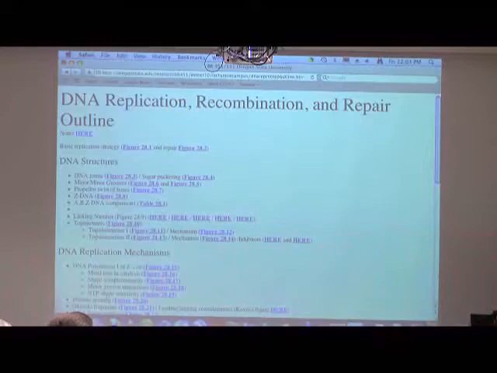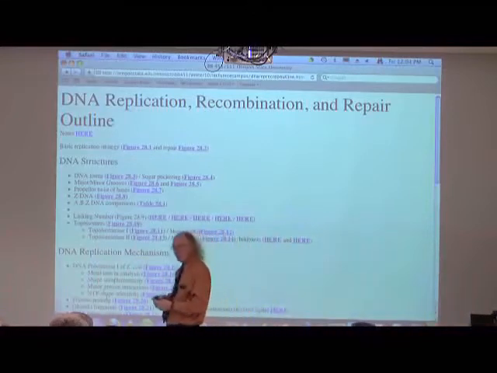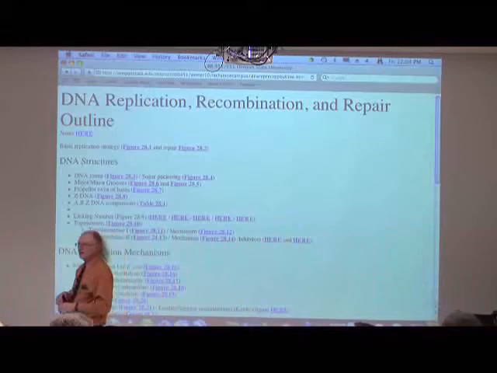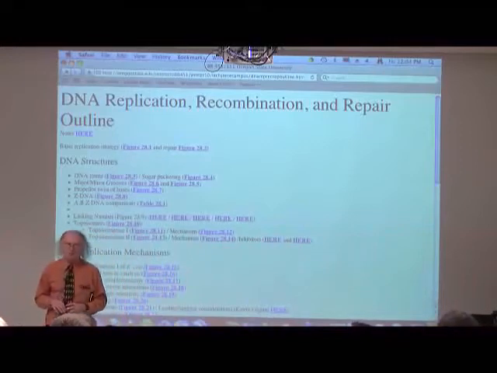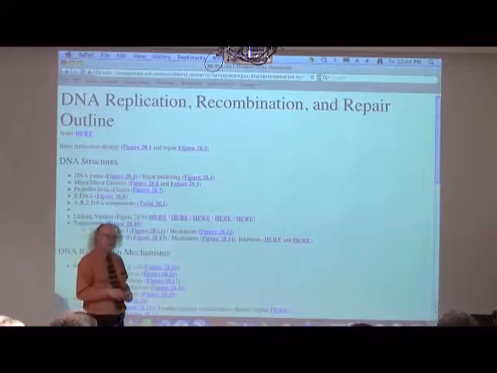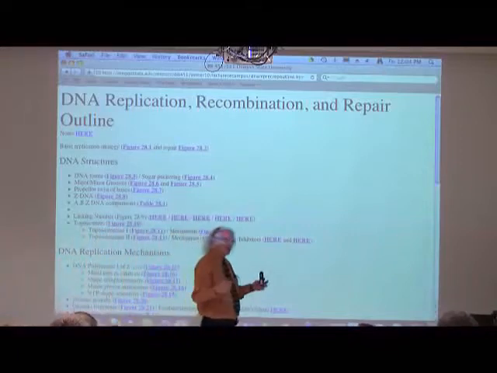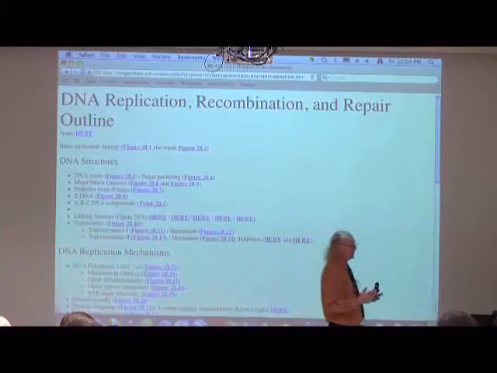But what we learn in thinking about the structure of DNA is very similar to what we learn about the structure of a protein. When we thought about the structure of a protein, the hydrophobic amino acids arrange themselves on the inside of the protein. The hydrophilic amino acids were on the outside of the protein. Hopefully everybody remembers that from last term.